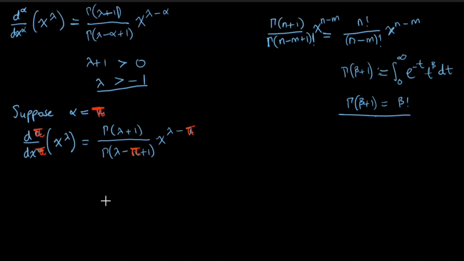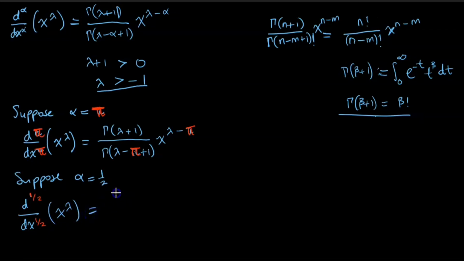Okay, there are some things I'd like to talk about. As another very interesting case, suppose the order is 1/2, that is alpha is equal to 1/2. What happens? We'll have the half derivative, the derivative raised to the power of 1/2, of this function x raised to the power of lambda.